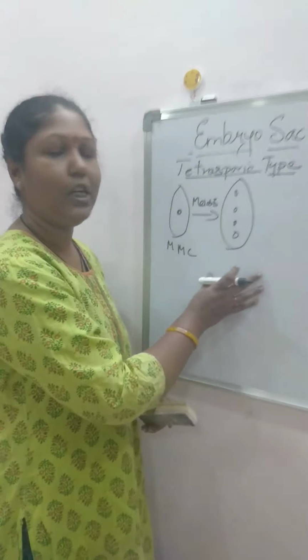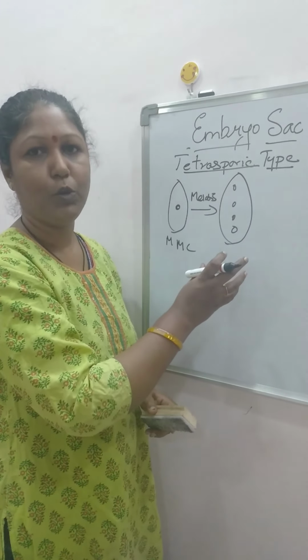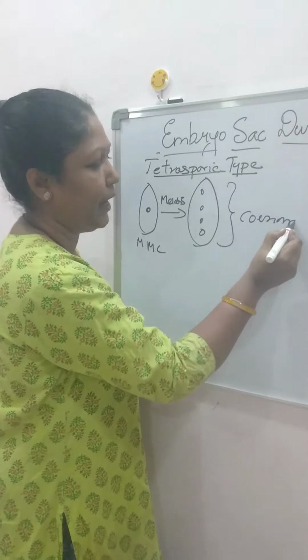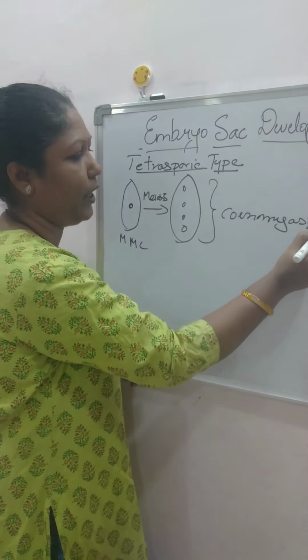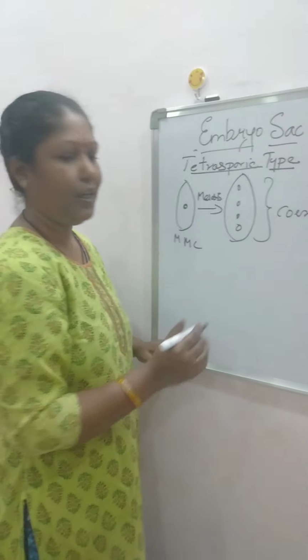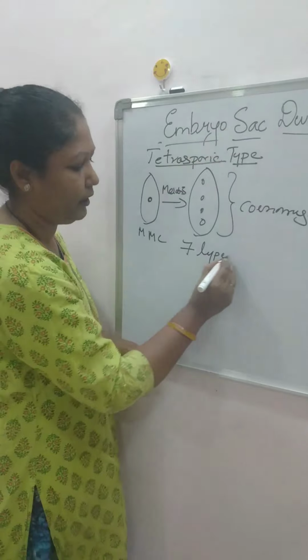Now in tetrasporic embryo sac development, since 4 megaspore nuclei are participating, together we call it a coenomegaspore. Under tetrasporic type, we find there are 7 different types.